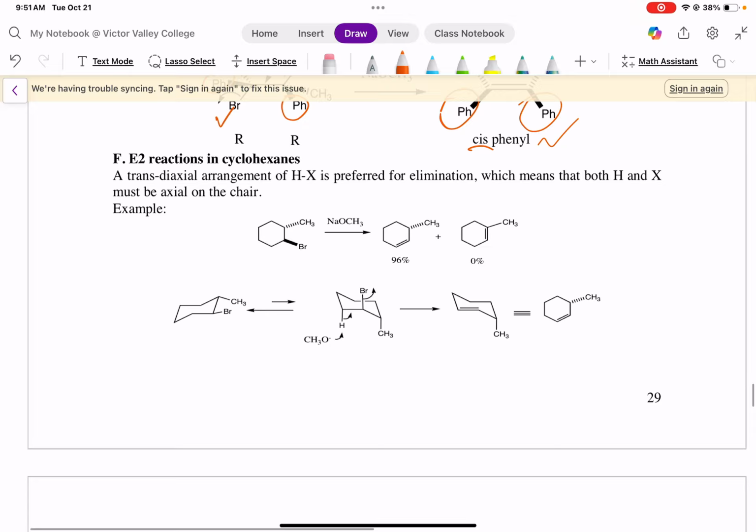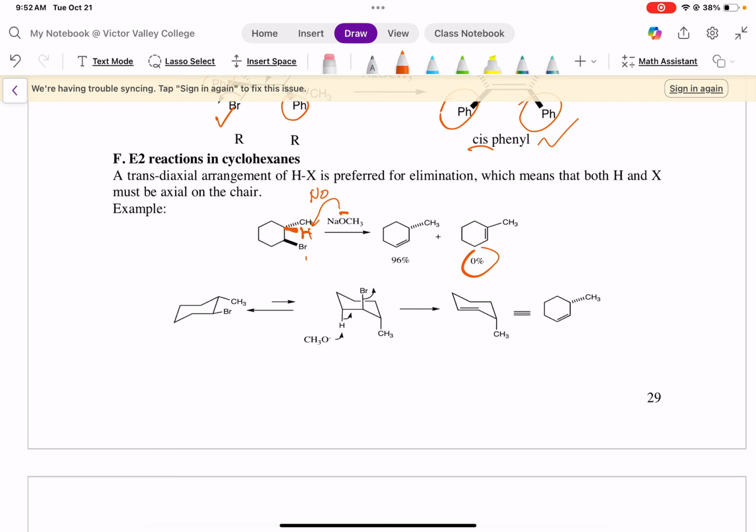Here's a good example. Now there's a hydrogen here, but we cannot eliminate that hydrogen because it's in the way with the Br, both heading out. That's why it's 0%.